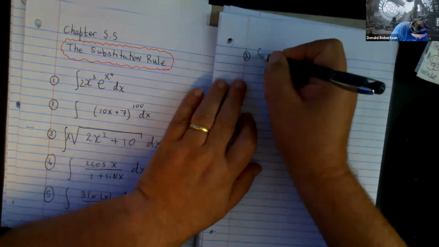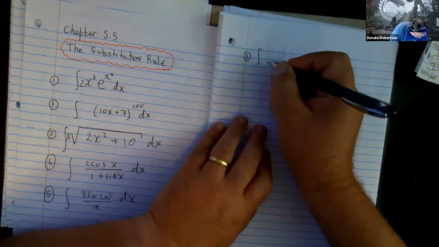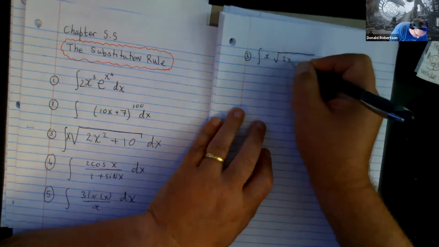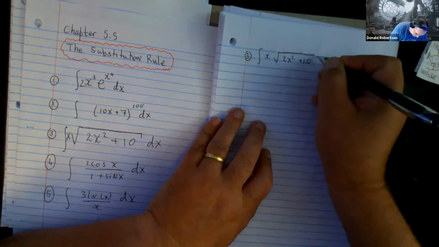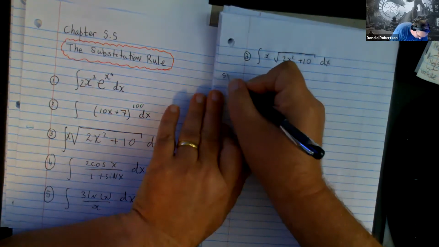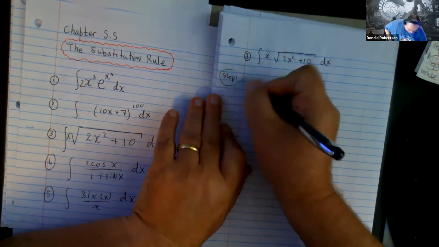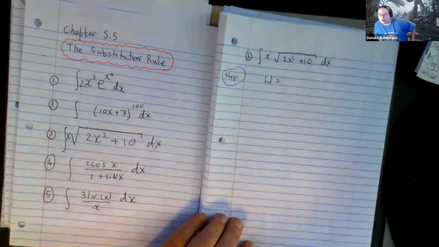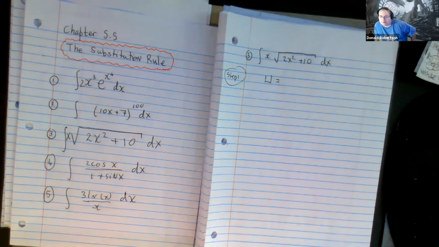We're going to do the integral of x, the square root of 2x squared plus 10 dx. Who is the u sub going to be in this question?